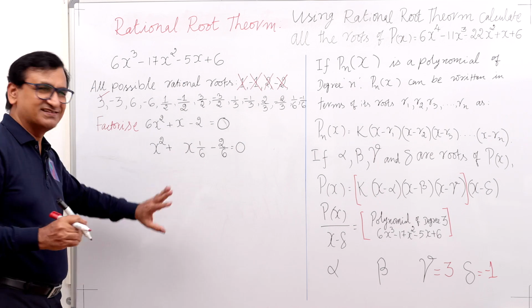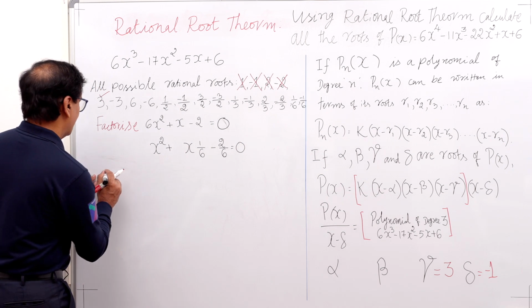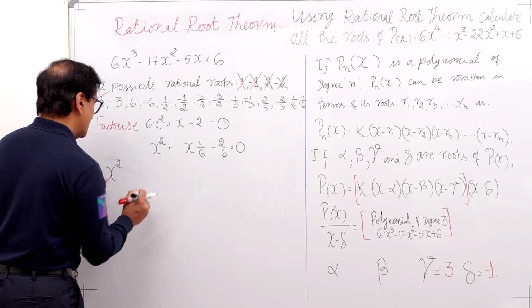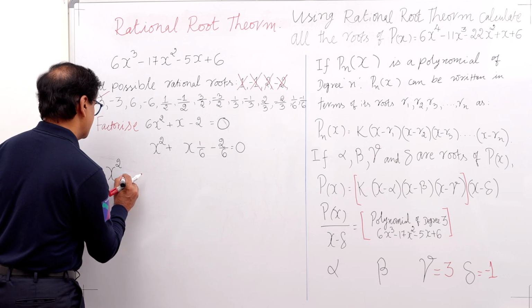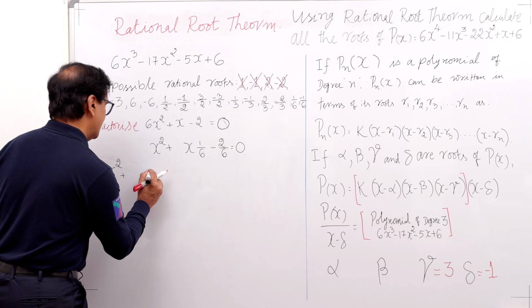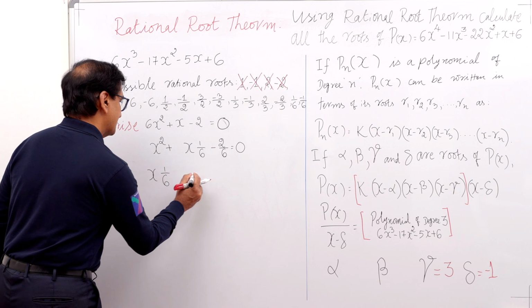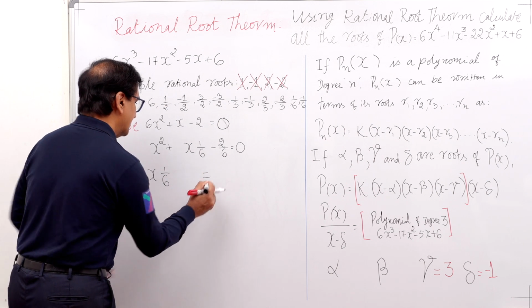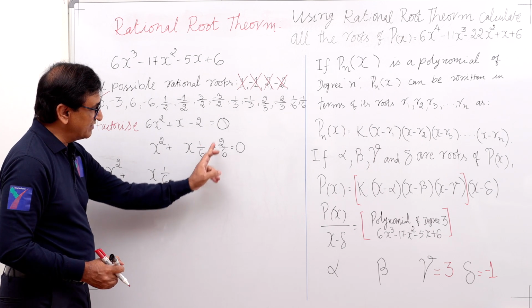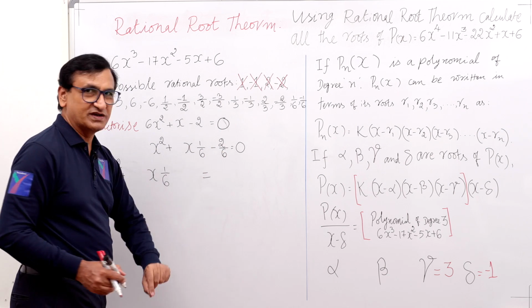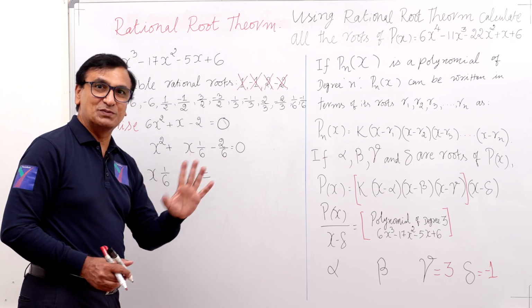Okay, let me rewrite this a little bit differently. What I'm going to do is x square, I'll leave a gap here. Then x multiplied by 1 by 6, leave another gap here. I'm going to take minus 2 by 6 to the RHS, so this will become plus 2 by 6, but that can be reduced to 1 by 3, right?